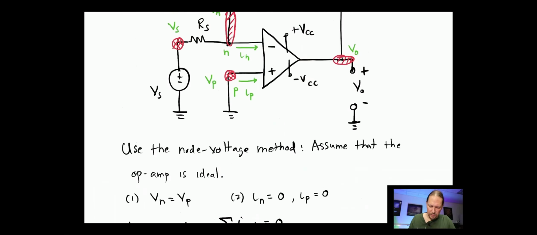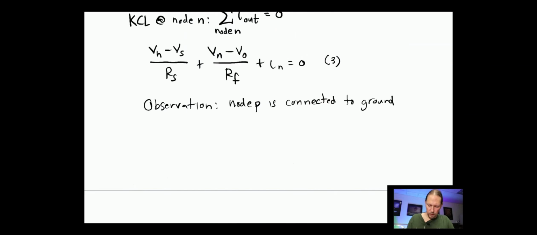Right? So if you take a look up here, and I were to highlight this, notice that this node voltage, V sub p, well, it is the ground voltage. It is the 0 voltage.